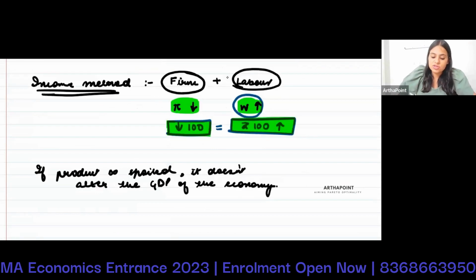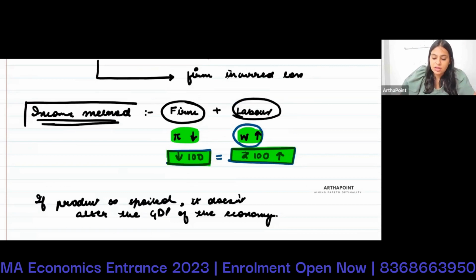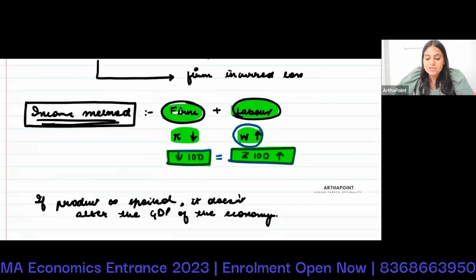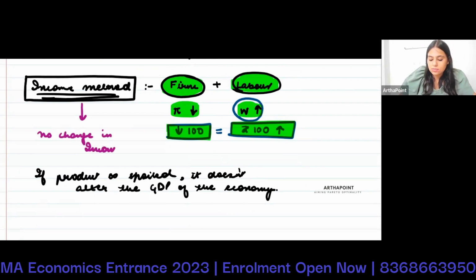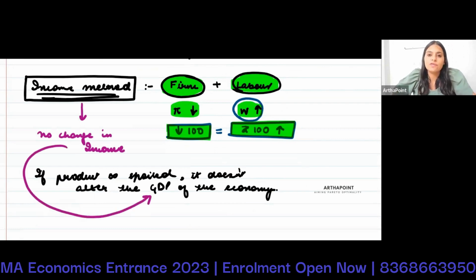And we have proved this through the income method: the income of one party is increasing, the other party's income is decreasing. In the product case, because the two are equal to each other, the net means that there is no change in income. And no change in income means no change in GDP of the economy.